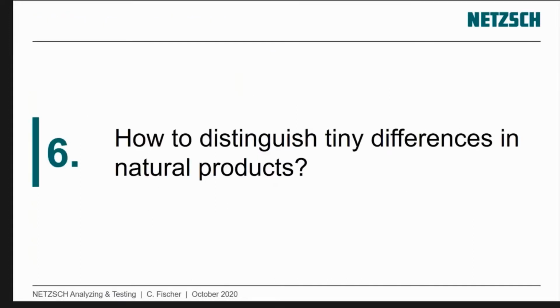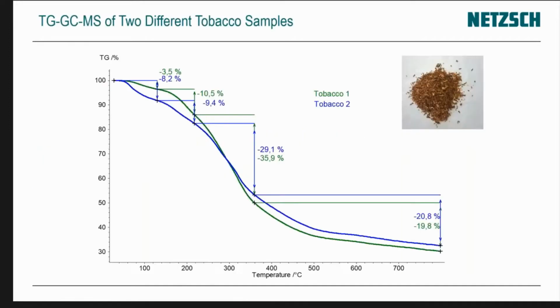One question which comes from the field of natural product research is how to distinguish tiny differences in natural products. In this example we can see two different tobacco samples. The two thermograms both show 4 mass loss steps.